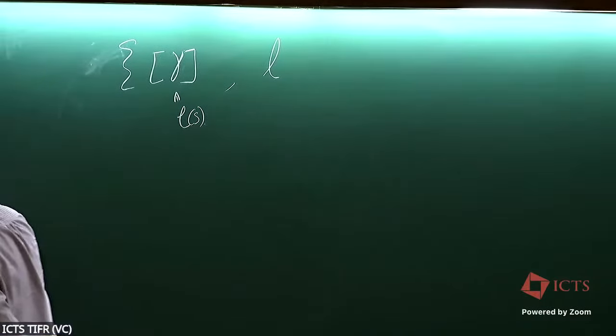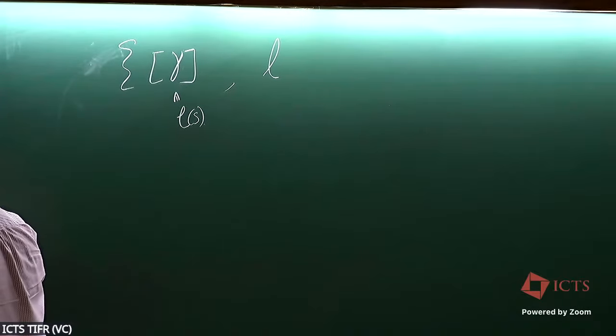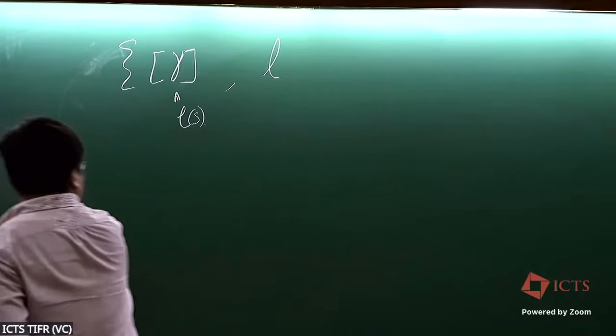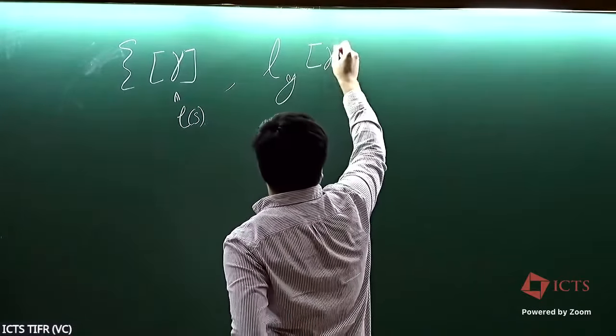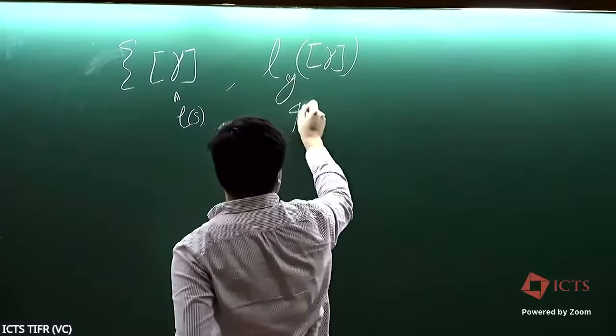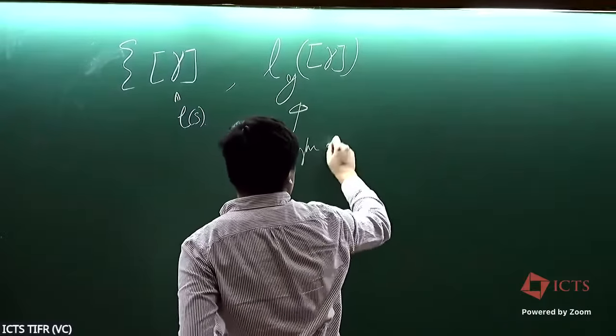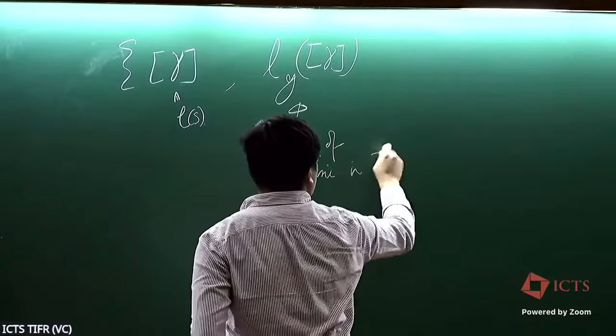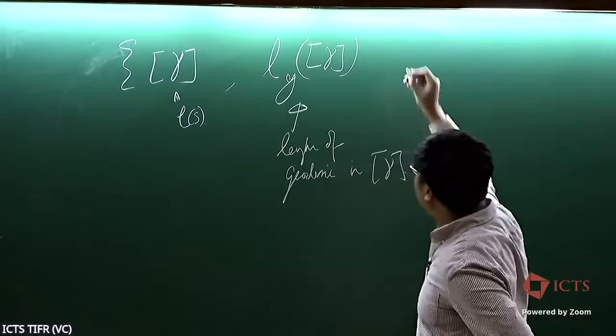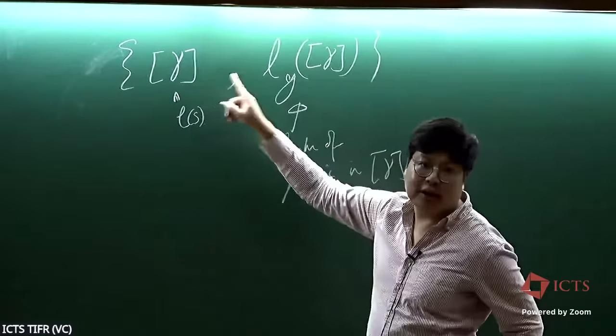So in this case, maybe I want G to be negatively curved. So here, the second thing I'll record is the length of the geodesic in the free homotopy class. So this is a curve, and this is a number.